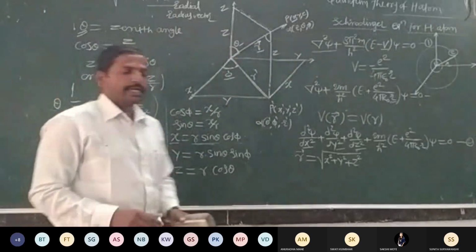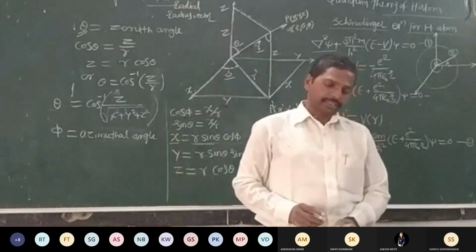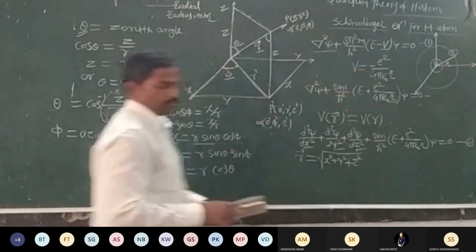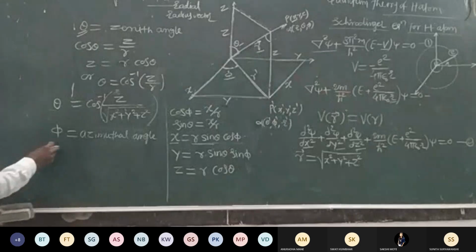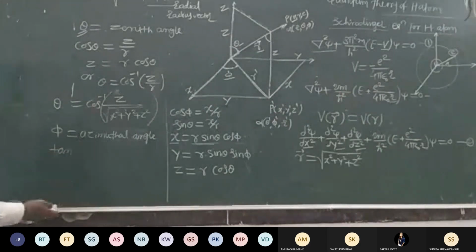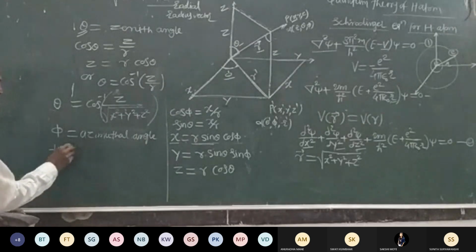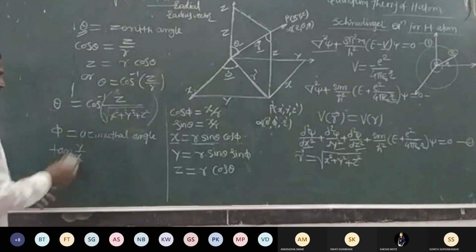Here phi is the angle between the projection of vector r and x axis, so that azimuthal angle tan of phi can be found by taking the tan of the figure, tan of y upon x, sorry.